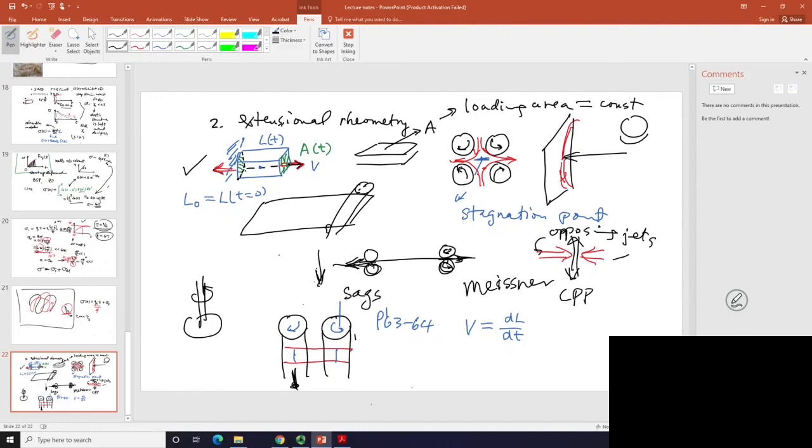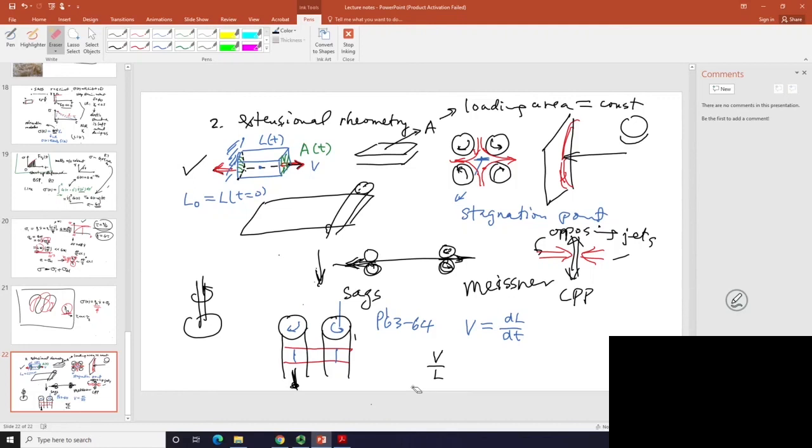So in other words, of course, it's V over L that gives you a sense of how fast you are stretching, by definition. Okay? If my L doubled, my speed also doubled, then I'm comparing apples to apples, then we're talking about applying the same rate. So it is this quantity that captures how fast we are stretching.